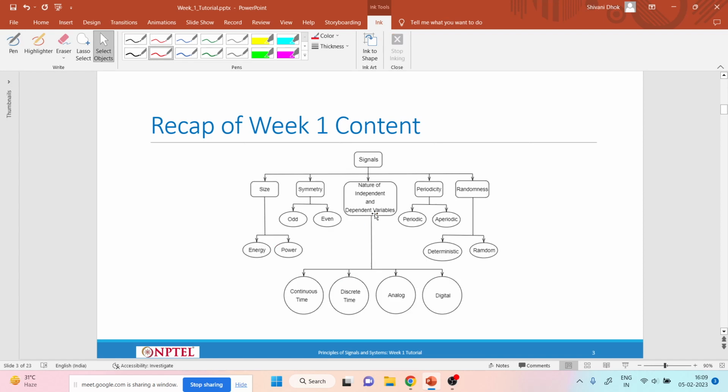And then sir went on to give you different categories or classification of signals. So there are different classification of signals, and the first one that was given was based on continuous time, discrete time. The next one was given as analog, digital.